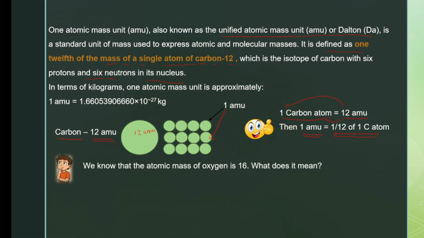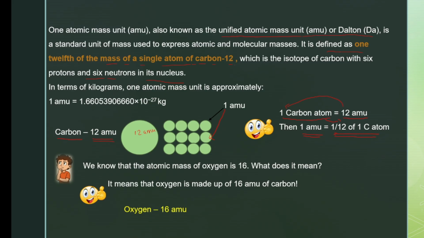So we know that the atomic mass of oxygen is 16. What does it mean? It means that oxygen is made up of 16 AMU of carbon. Carbon is made up of 12 AMU, whereas oxygen is made up of 16 AMU of these small balls.